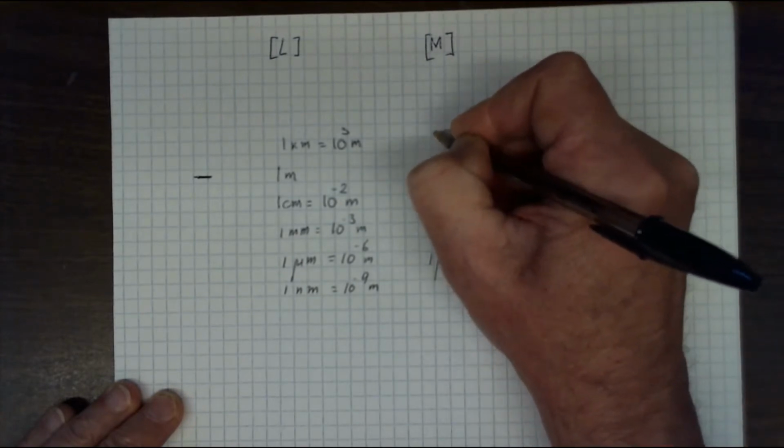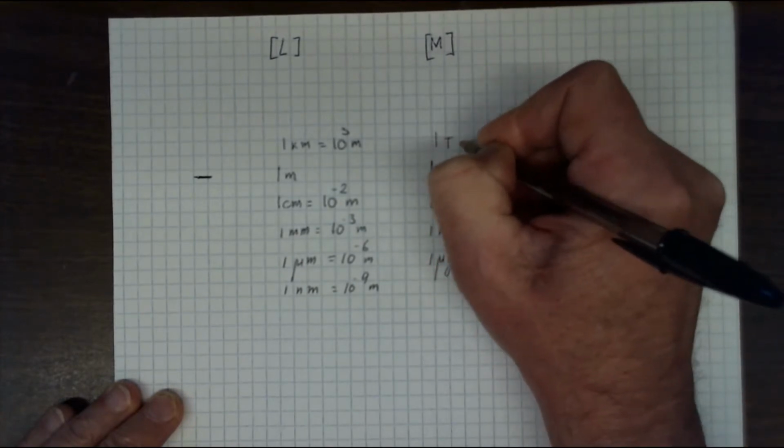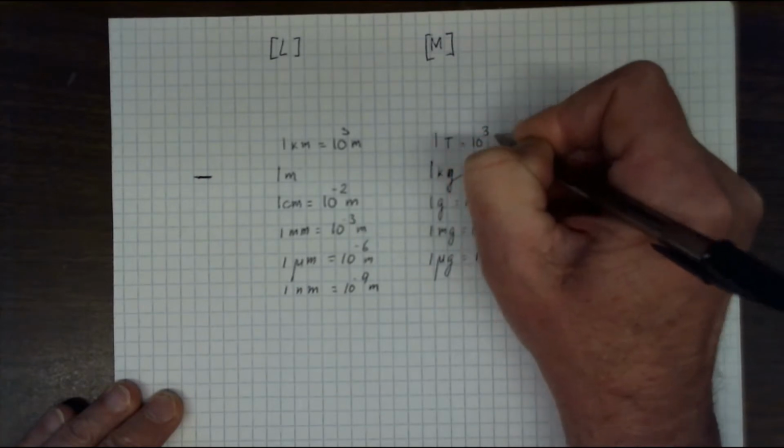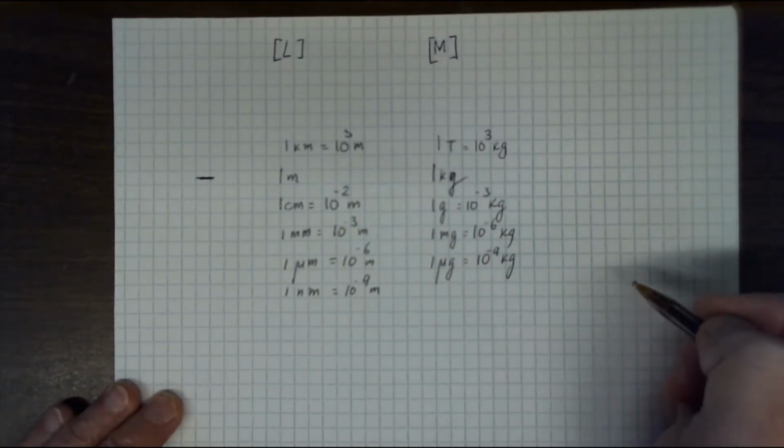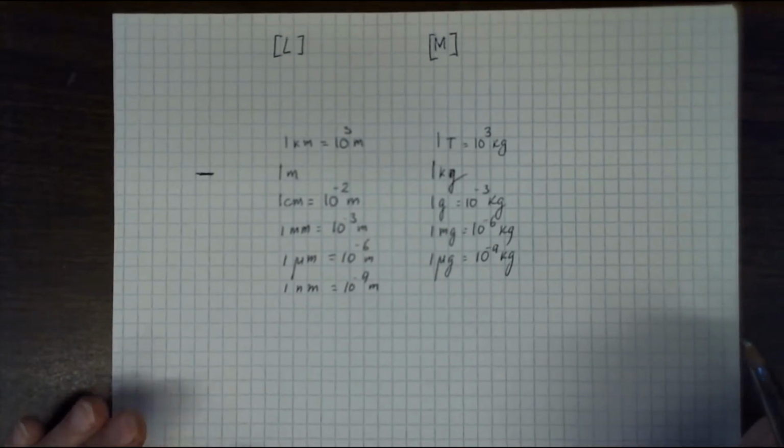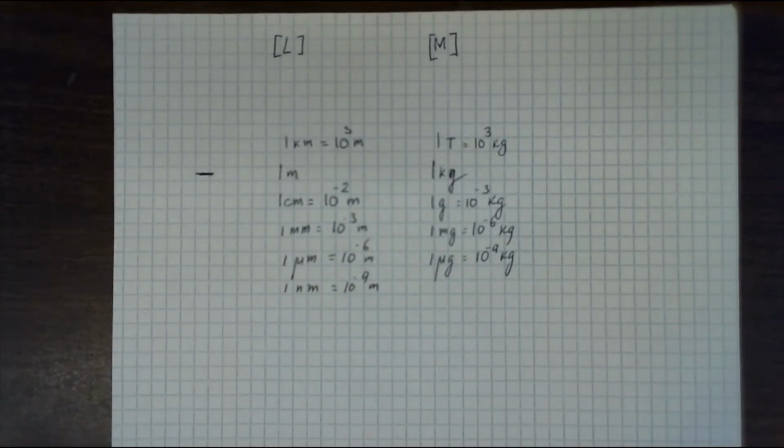Going up, 1 ton is 10 to the third kilograms. 1 kilogram was originally defined as the mass of 1 liter, or 1 cubic decimeter, of distilled water.